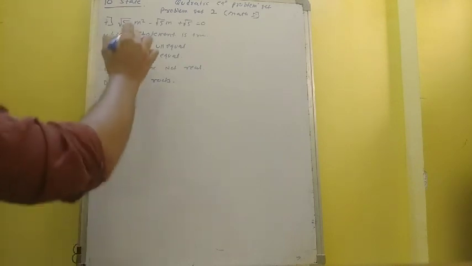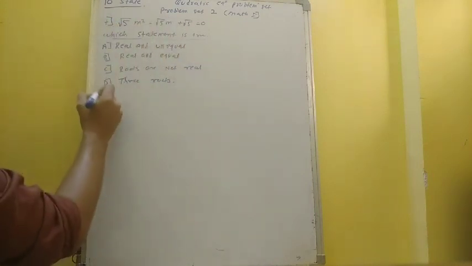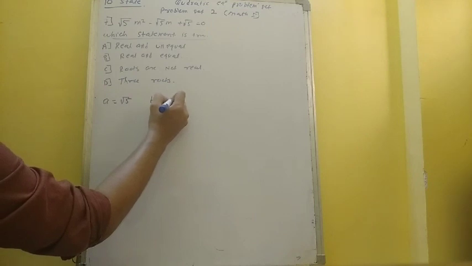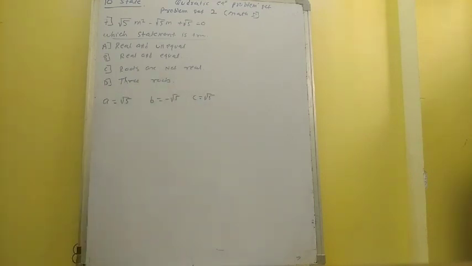In the seventh one we need to say which of the following statements is true. We have the quadratic equation where a is equal to square root of 5, b is equal to minus square root of 5 and c is equal to square root of 5. We will find the nature of the roots.